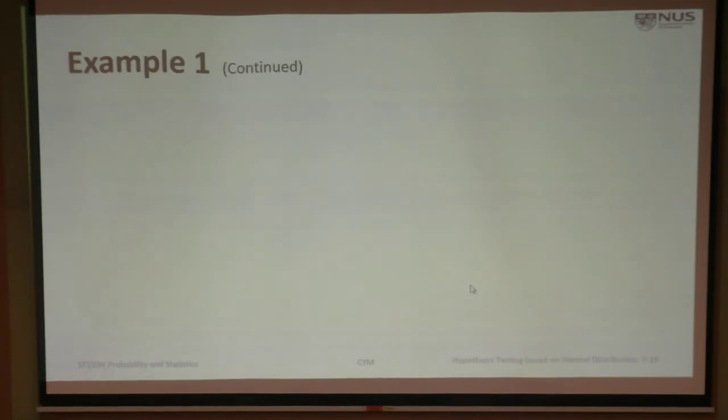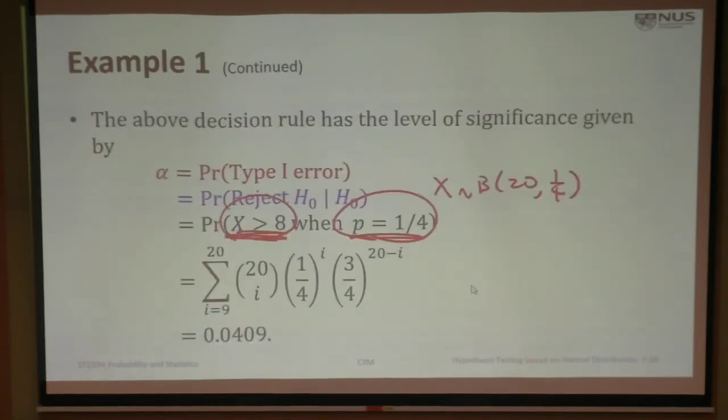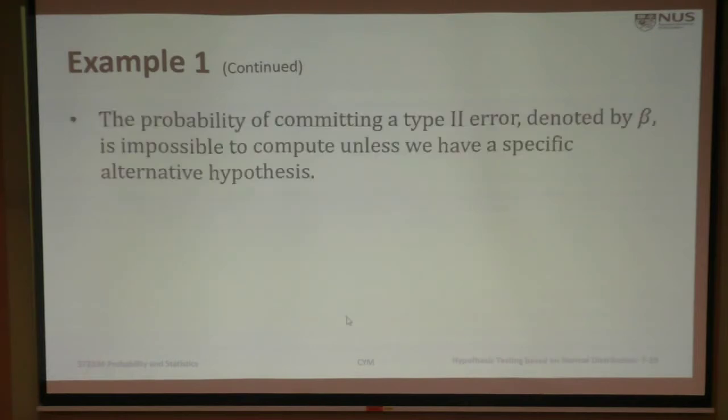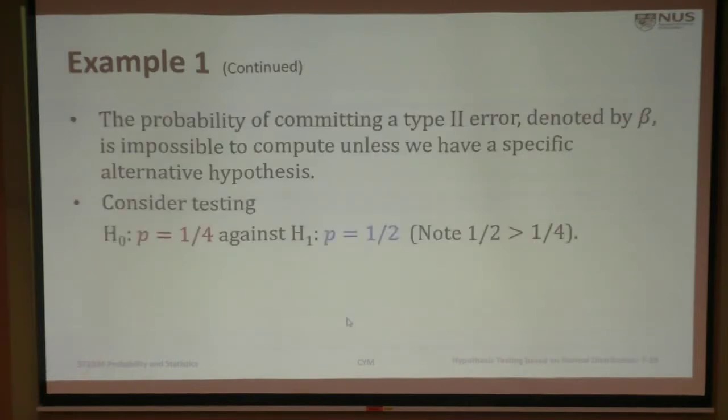So the decision rule that we have proposed has a chance of committing a type 1 error equal to 4%. But that's not enough. We also have to consider the chance of committing a type 2 error.